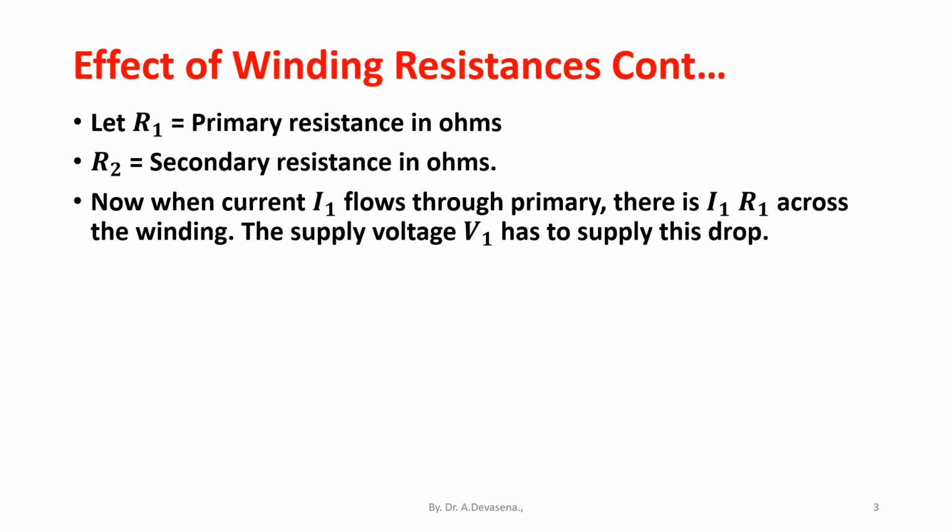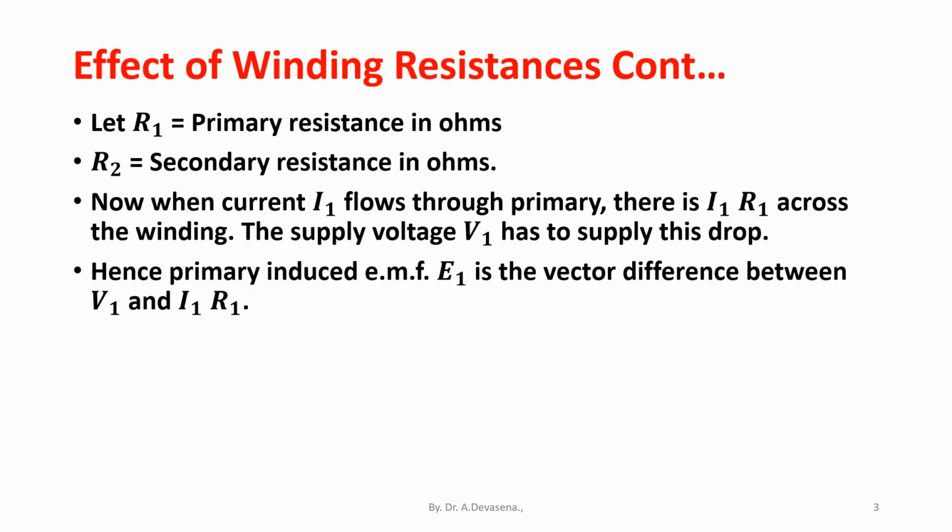Hence, primary induced e.m.f. E1 is the vector difference between V1 and I1 R1. That is, E1 vector is equal to V1 vector minus I1 R1 vector. Consider this as equation 1.